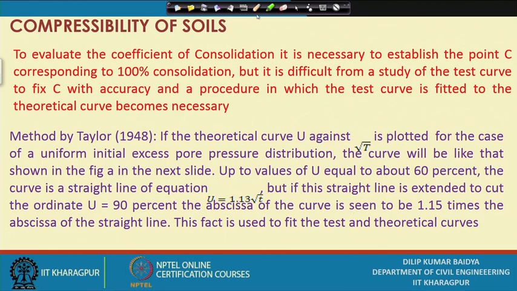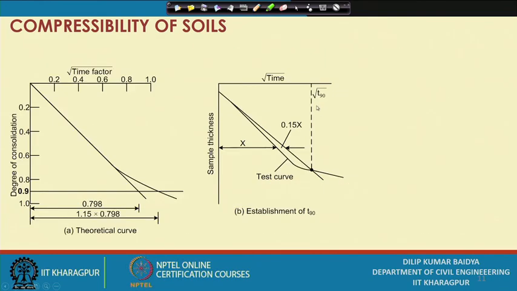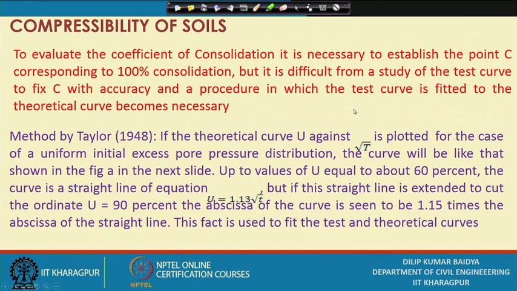So, to evaluate the coefficient of consolidation, it is necessary to establish the point C. That means, we have shown that this is the point, there is this one and then this one. So, between B to C, that means C point has to be established.